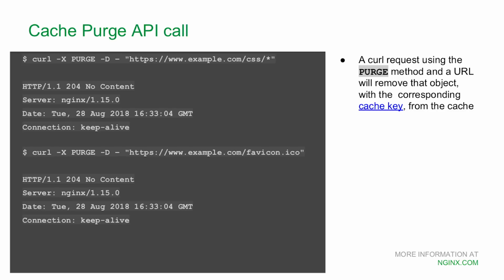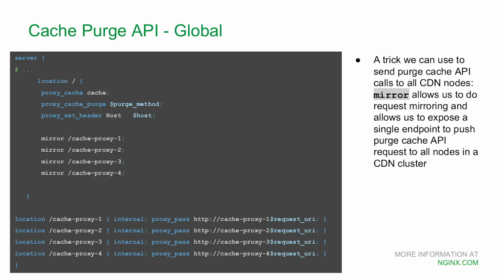As you can see in this example, I'm just doing a curl call, and I can purge all the files in my CSS directory with one API call. The second example is purging just a single file, which is the favicon. So, how do you propagate a cache purge API call to all your NGINX Plus instances?